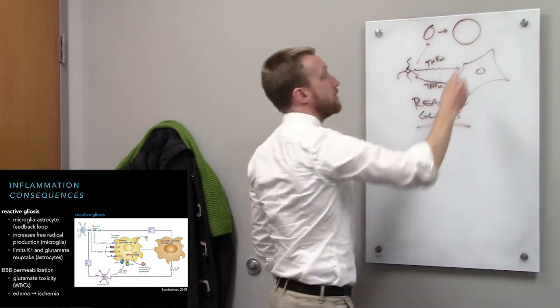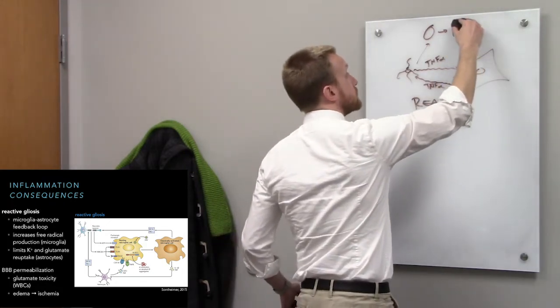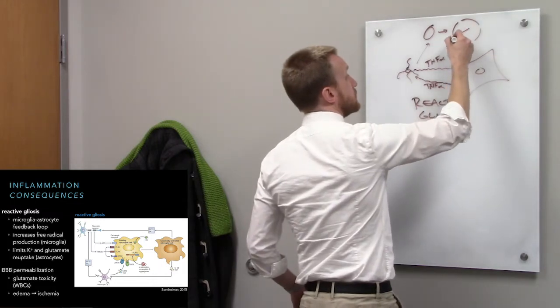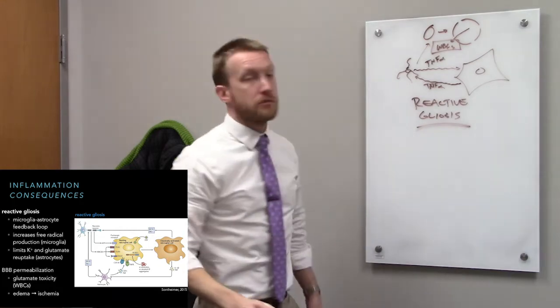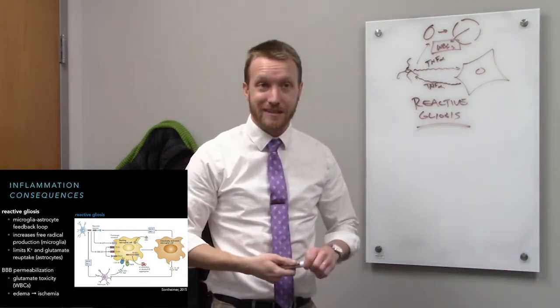increase the diameter of our blood vessels, increase the permeability of the blood vessels, and allow the entry of white blood cells. And these can help deal with the infection and damage. Of course, they'll also release glutamate. That's not a good thing.